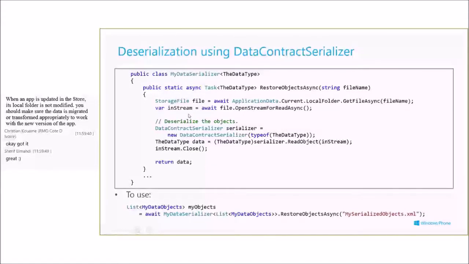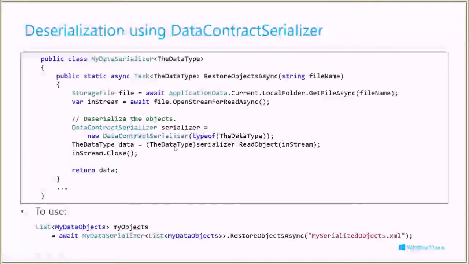Then I create an in stream variable so that I can open a stream for reading, and then I deserialize the objects using the data contract serializer. After I'm done, I read the objects and add the result into an object of the data type that I passed, and then I close the stream reader and return that data.